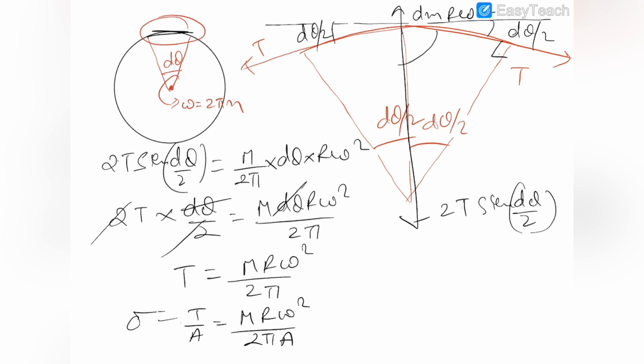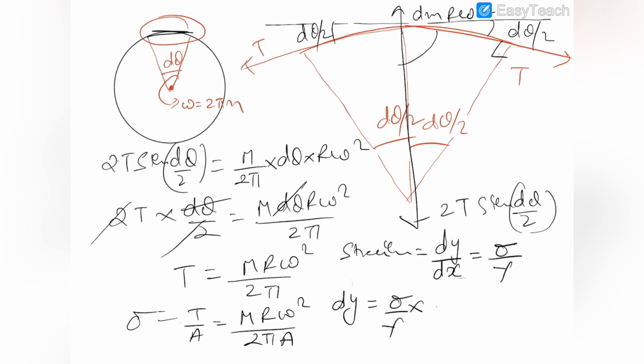So the strain produced will be equal to dy by dx, and strain dy by dx will be equal to sigma upon gamma, where gamma is the Young's modulus. So dy will be equal to sigma by gamma into dx.